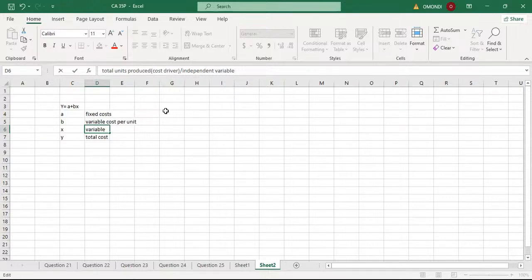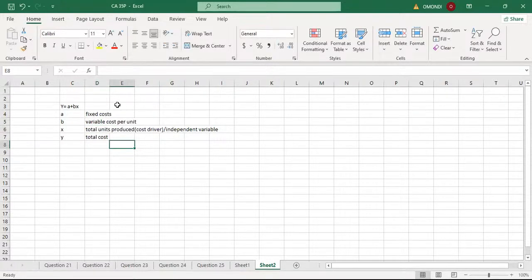Independent variable is the term that you use when you are doing your calculation in other units. But here we are interested in this term called cost driver. It determines what the cost will be. As you can see, y is the total cost, a is fixed cost.